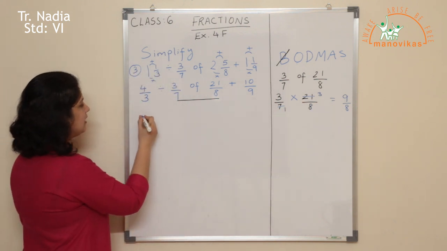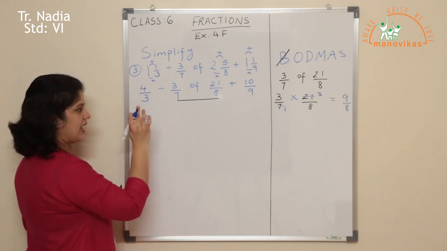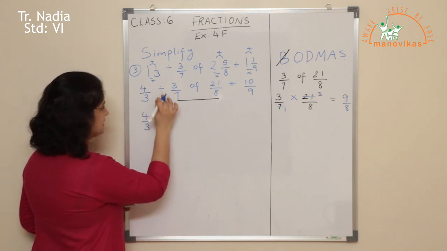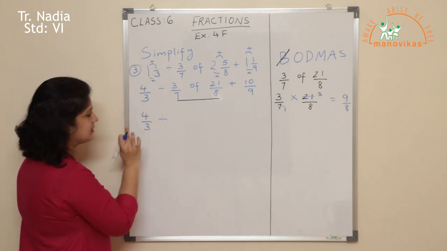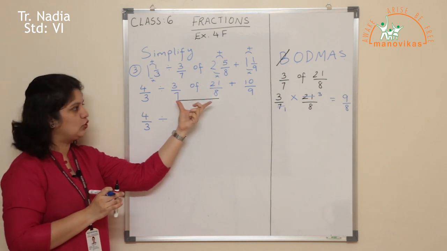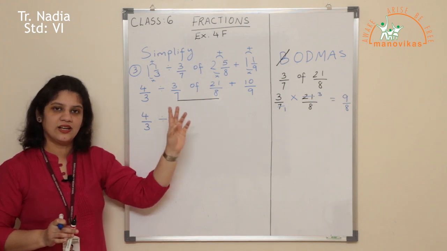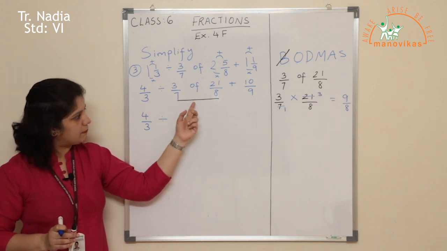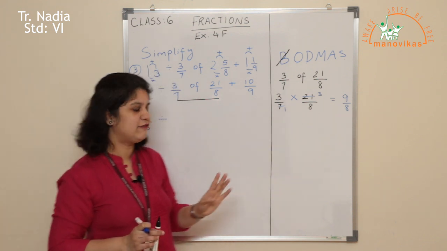So now what I will do next is write the sum as it is. 4 upon 3 is as it is. The division sign remains as it is. Now in place of the underlined part, which you had underlined previously with a pencil, I will write the answer that I have got.